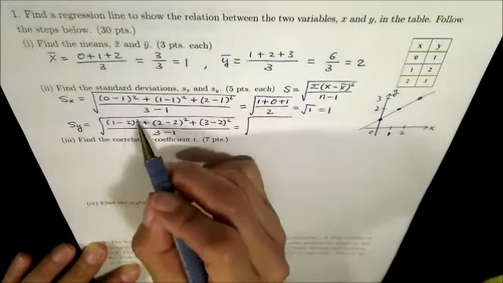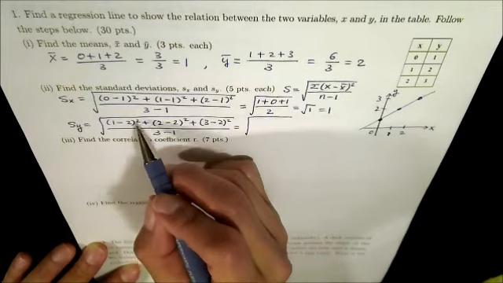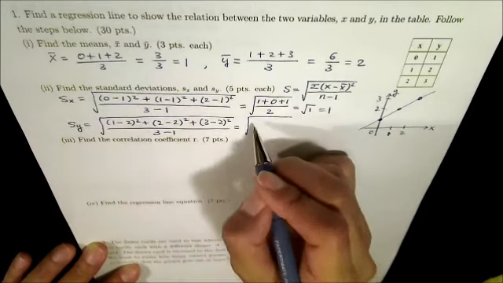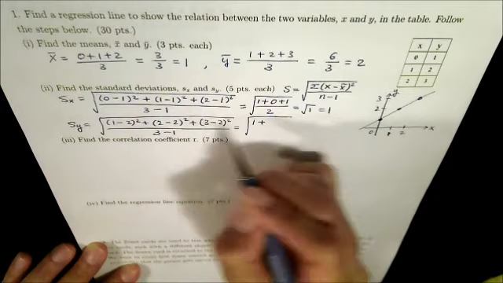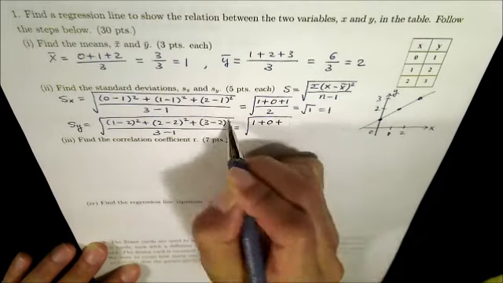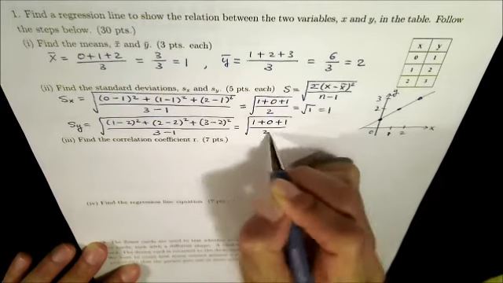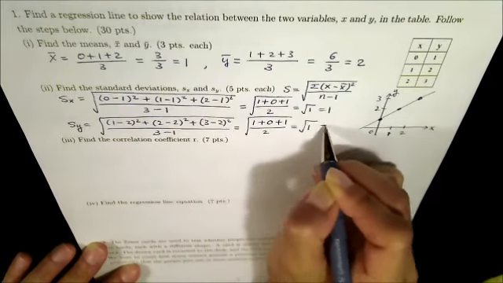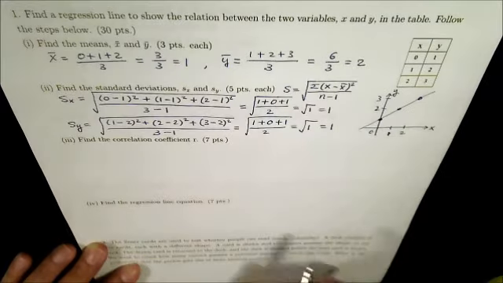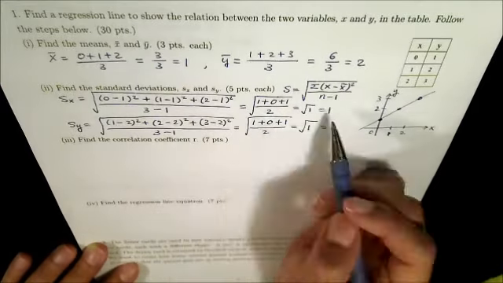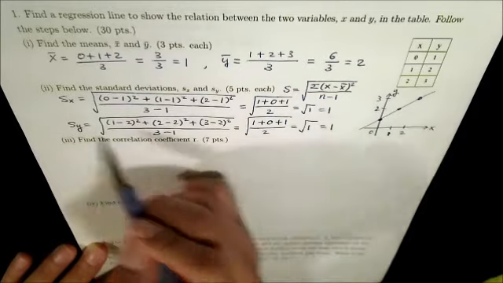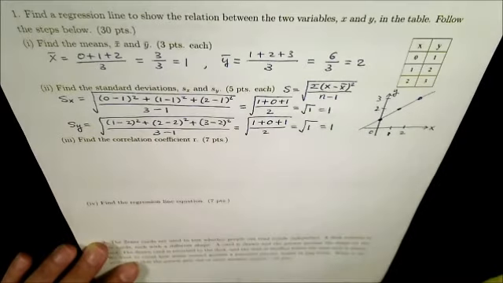Again, this is negative 1 squared, which is 1. 0 squared is 0. 1 squared is 1, divided by 2. Again, the square root of 1. So the standard deviation for x is 1, and the standard deviation for y is, again, 1.